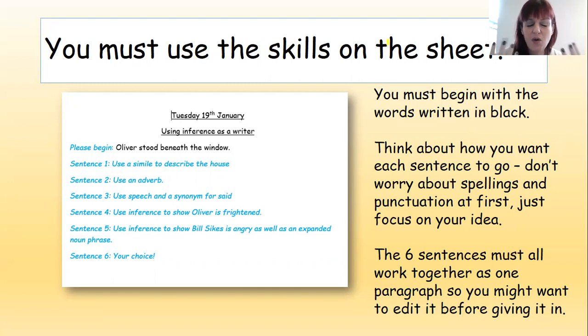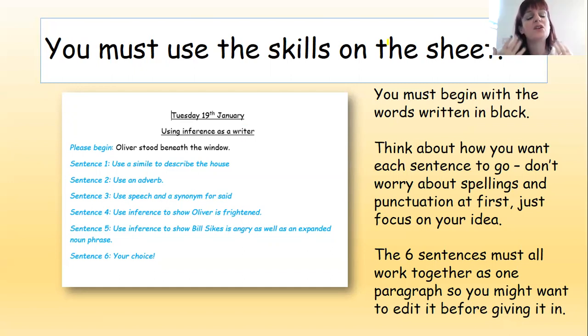So think about what kind of physical characteristics, what might happen to show he's frightened. Maybe he's shaking, maybe his palms are sweaty, maybe he feels cold. I don't know. It's up to you. And carry on and on. Only 6 sentences. The last sentence can be free choice, so you can use what you like.